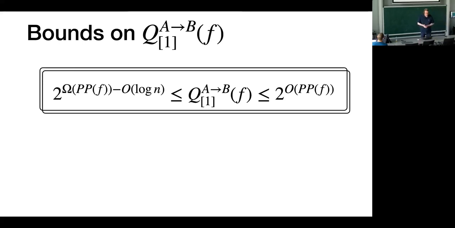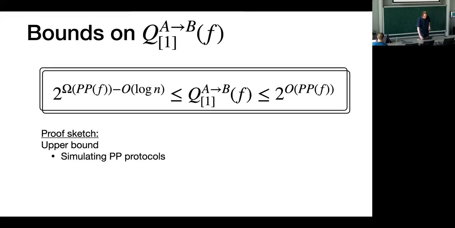And this is sandwiched between 2 to the PP and 2 to the PP up to some poly n factor. Now, notice that this is typically much larger than n, the input length. In fact, there's a gap of poly n between these two bounds. So in the one-way setting, essentially, this model kind of falls apart. You cannot do much useful.